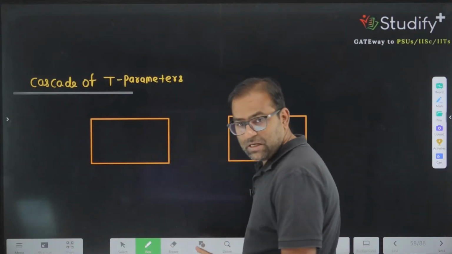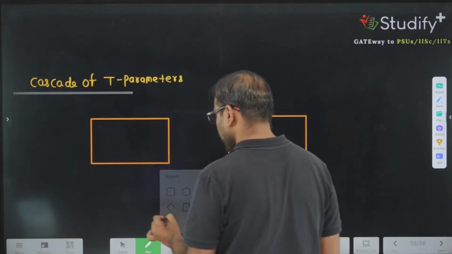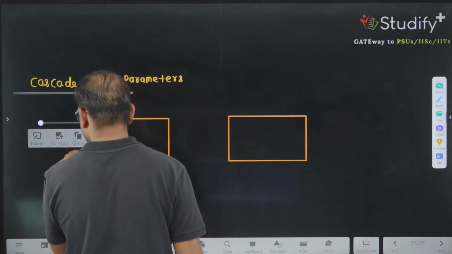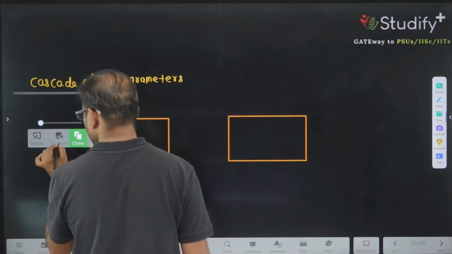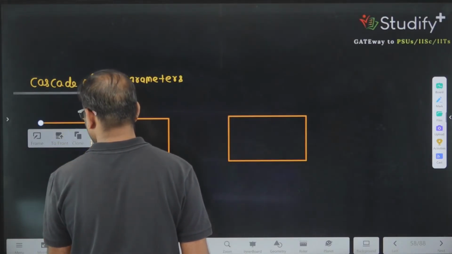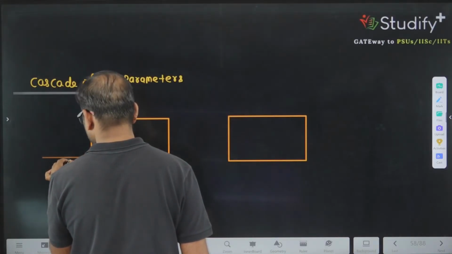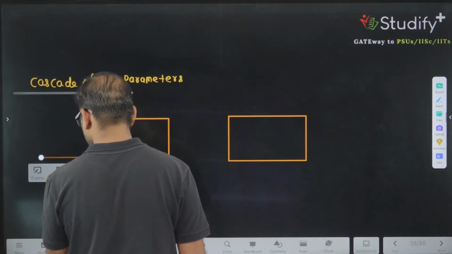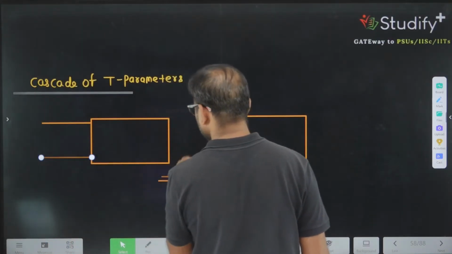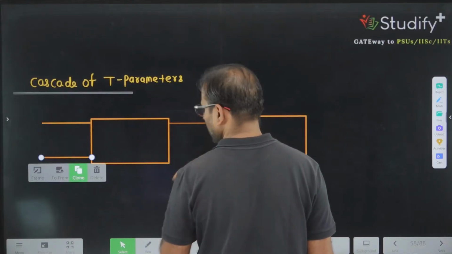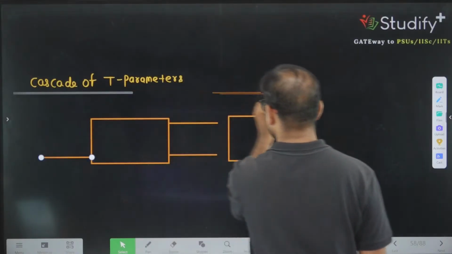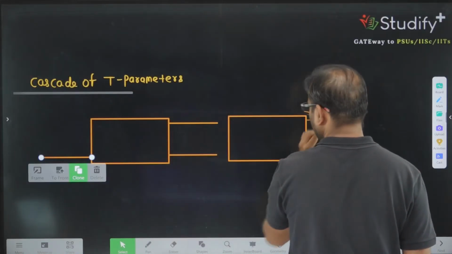Here I am taking one, two, three, four, five.